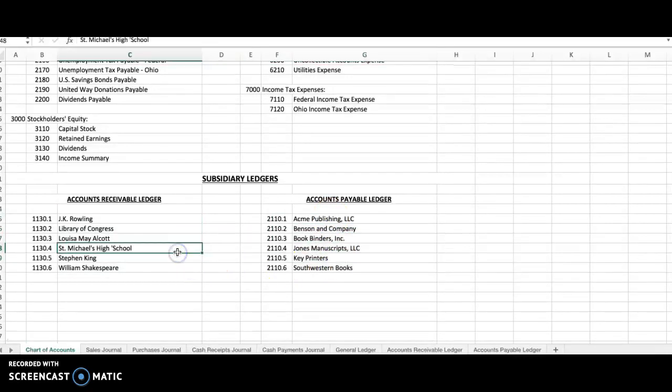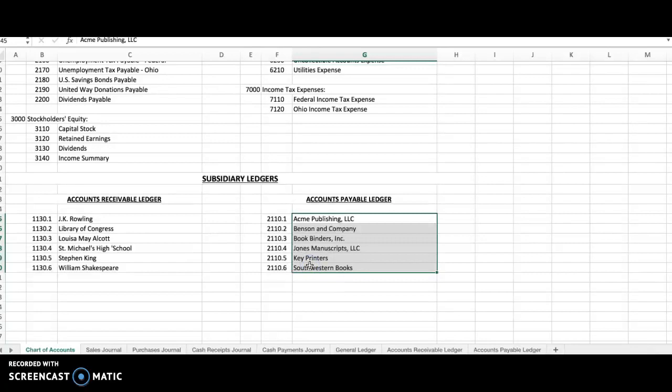So we'll see how they come into play, particularly now with the sales returns and allowances. And later we'll look at these creditors in regards to purchases returns that we might make, things that we send back for credit or for cash back.